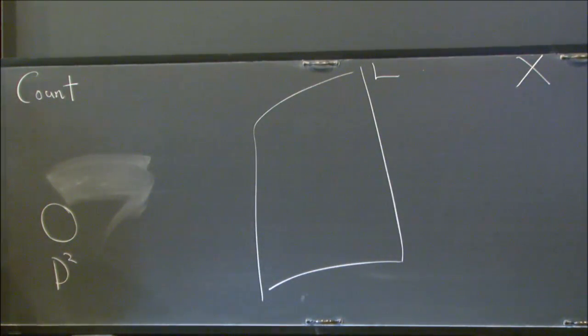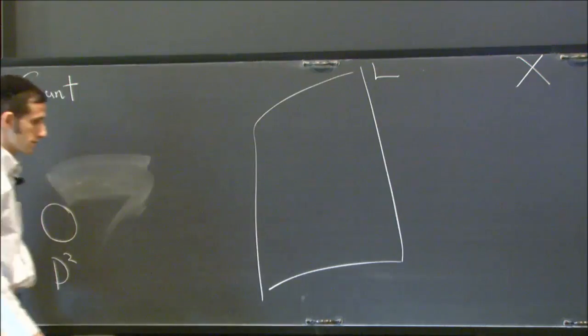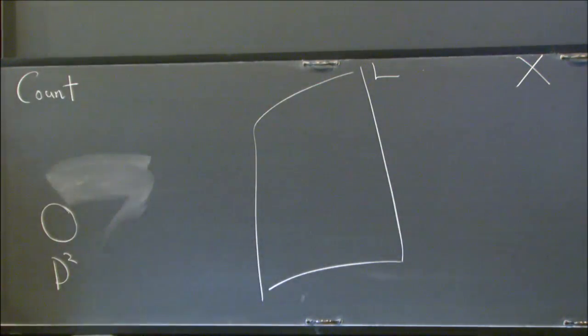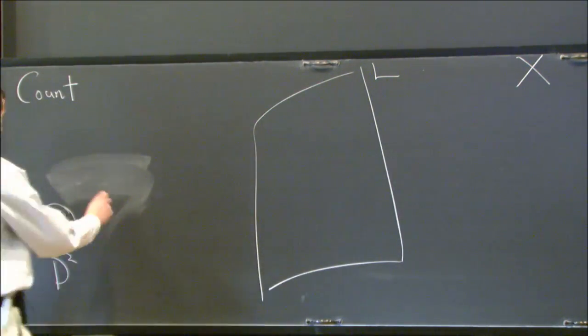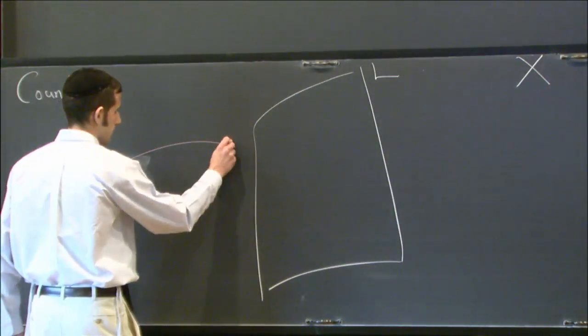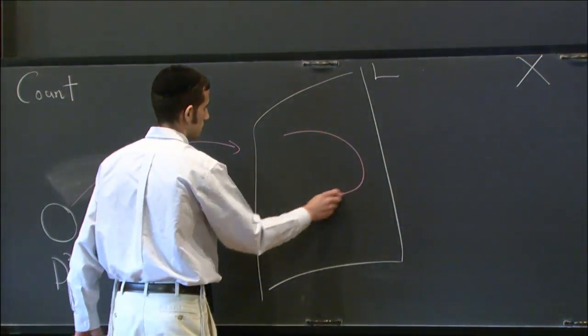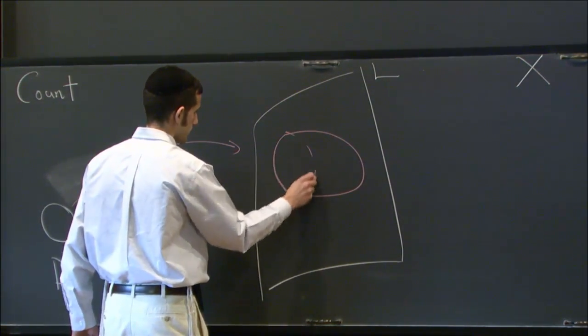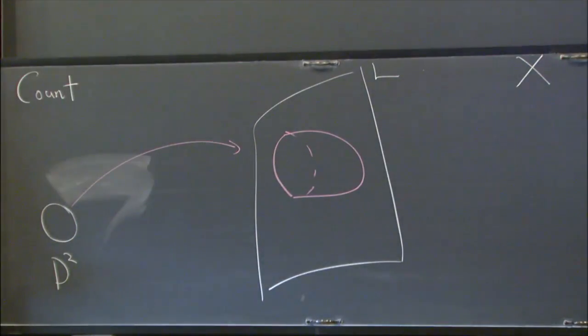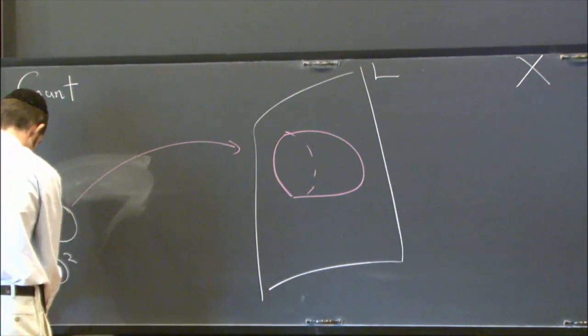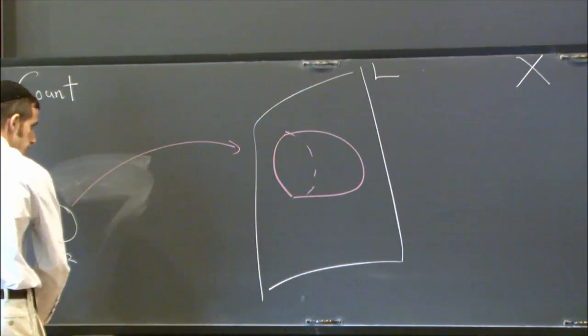We want maps from the disk into the symplectic manifold which map the boundary of the disk onto the Lagrangian submanifold, and these maps should be J-holomorphic. I'll call this u.